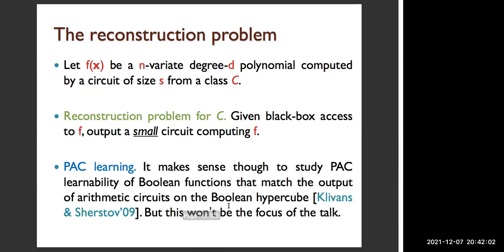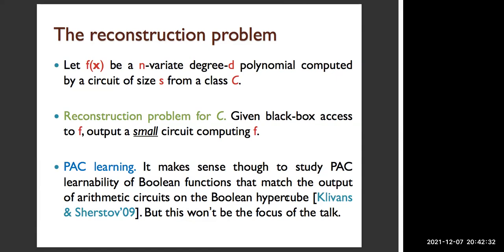But people have studied PAC learning in the context of arithmetic circuits. What does that mean? It means that now, instead of looking at the entire function, I can think of learning the function over a certain domain. For example, you can think of learning Boolean functions that match the output of arithmetic circuits on the Boolean hypercube. In that case, you're free to output an arithmetic circuit.